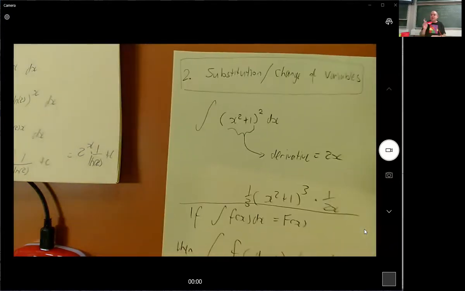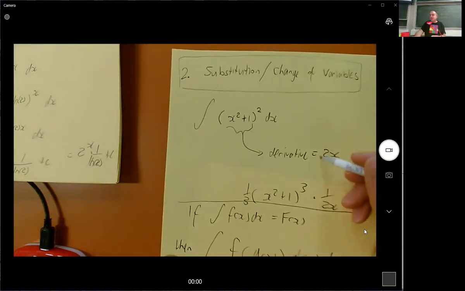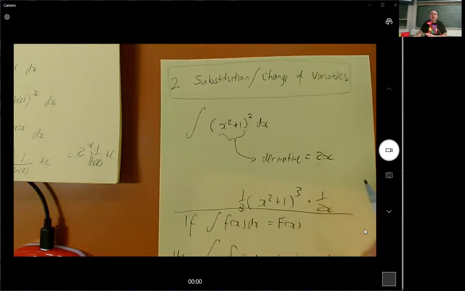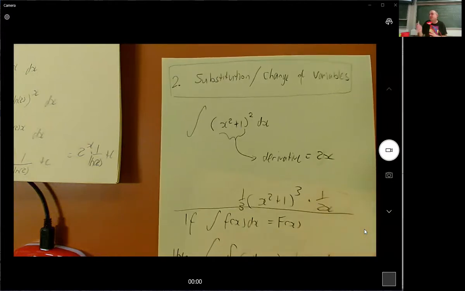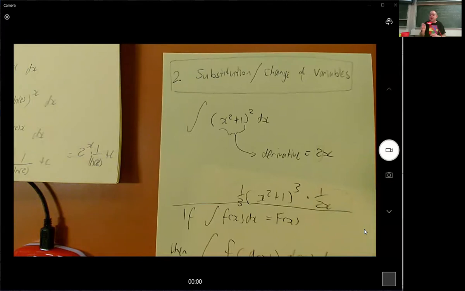But it doesn't have to be a 2x; if it's just an x or a 5x or a minus x, then that would still work. That's the basic idea behind it. If it's the derivative but off by a constant multiple, then it'll work. But sometimes it still works in other situations anyway.